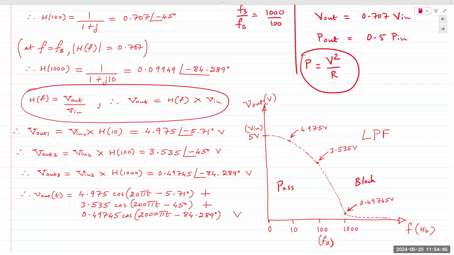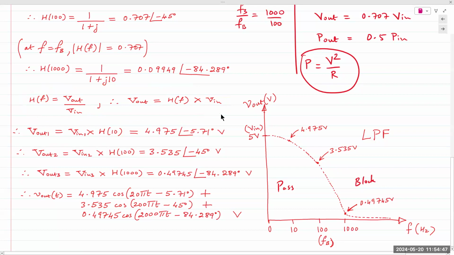So if we look, this is our fB, right here. So we'd expect an ideal filter to be like this. All frequencies lower than 100 should be passed without any effects. If you apply 5 volts, there should not be any attenuation or any deterioration of the signal. We should obtain 5 volts at the output. But that's not the case.